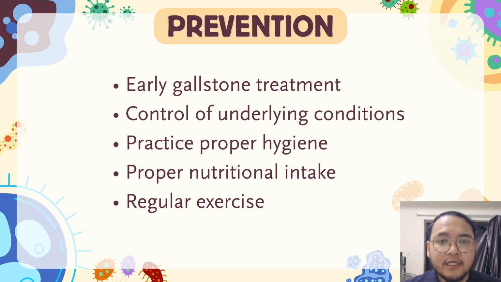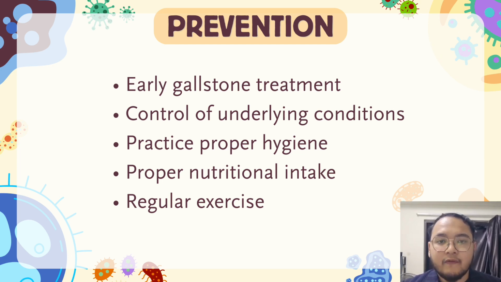Next is the prevention of acute cholangitis. Acute cholangitis is caused by gallstones obstructing the bile flow. So the recommended thing to do is early gallstone treatment if it is found that there are gallstones inside the gallbladder.